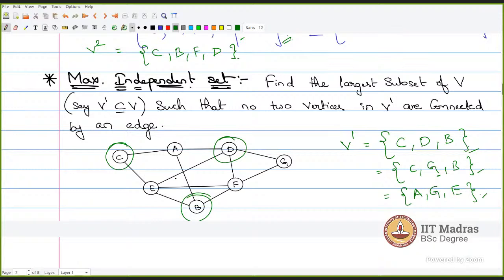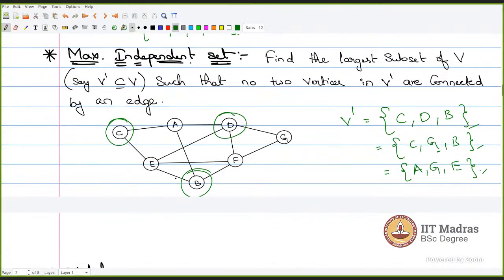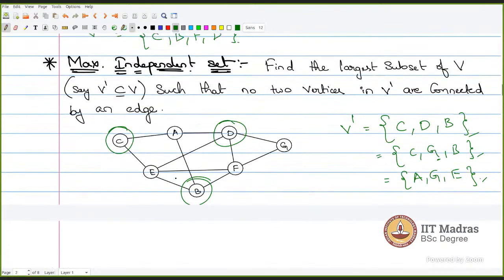Independent means the vertices are not connected with each other. Whatever set I choose, they should not be connected to each other. Similarly, C, G, B is also not connected, and A, G, E is also not connected. These are all maximum independent sets for this graph.